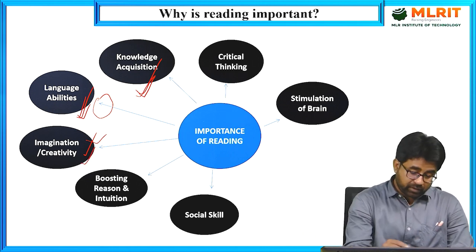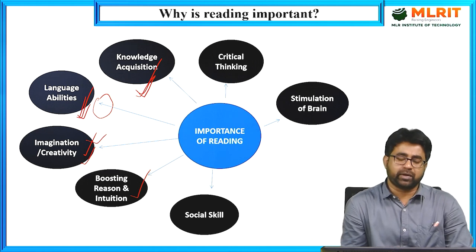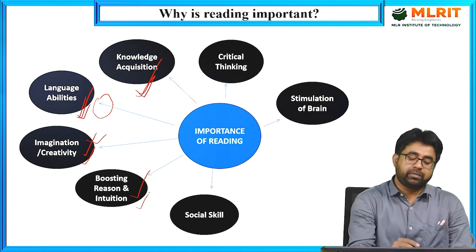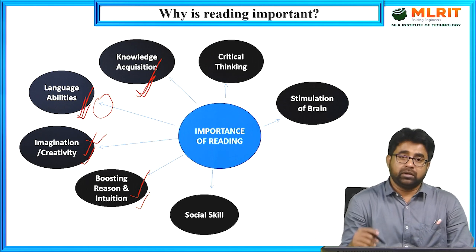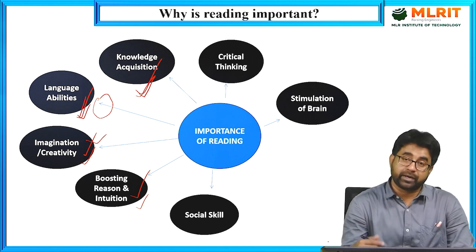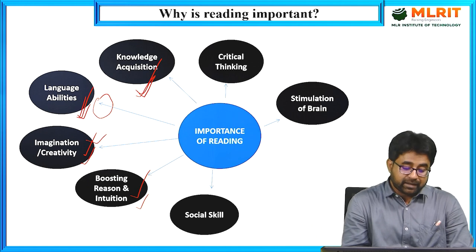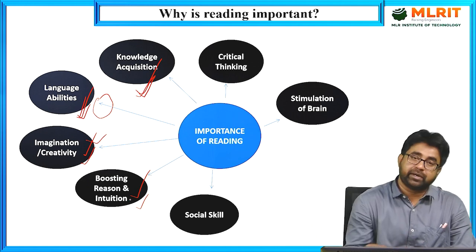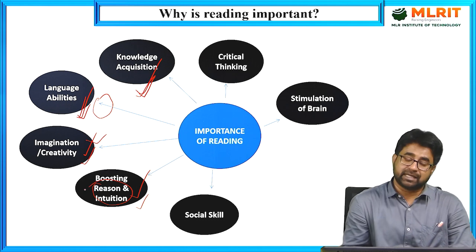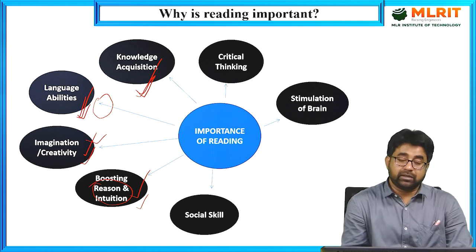Then reason and intuition. Now this is a very important thing. We use this not only in our academic or professional spheres, but in our personal spheres also. When we try to analyze something with reason or intuition, where do we get those skills, the skills of reasoning and intuition? Nothing but reading.